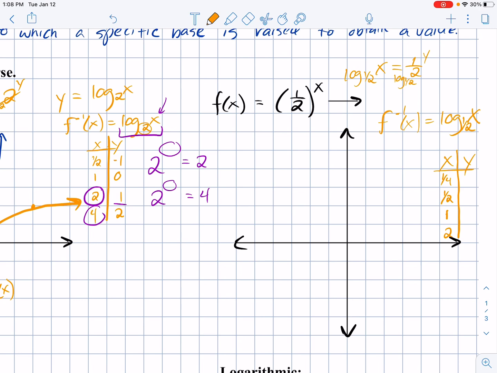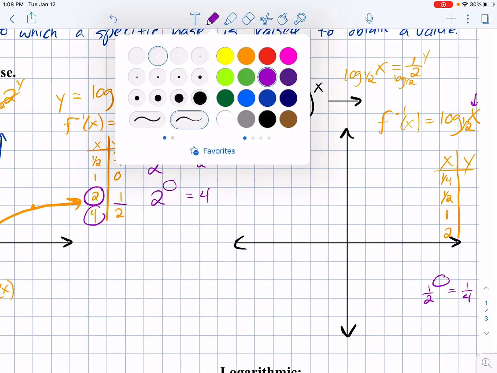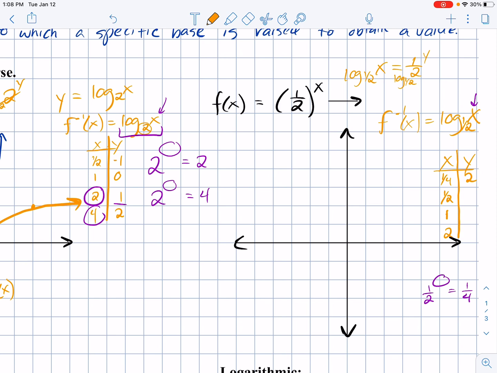Okay, we are asking ourselves the same question. We're plugging in this 1/4 right here for x. So this says 1/2 to what power gets us 1/4? That would be our 2, 1/2 squared. 1/2 to what power gets us 1/2? We're plugging this 1/2 now. That would be 1. 1/2 to what power gets us 1? We know that has to be 0.